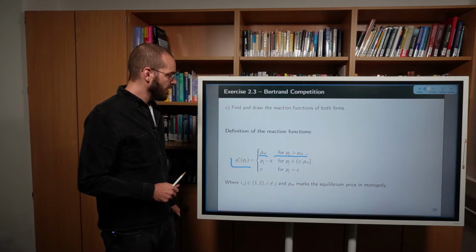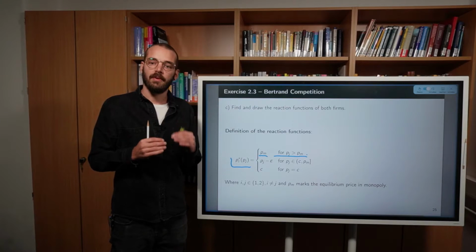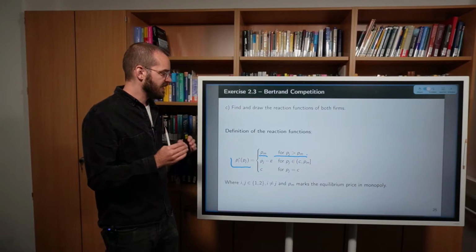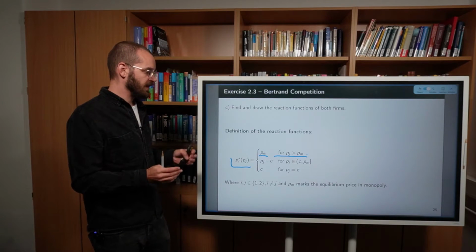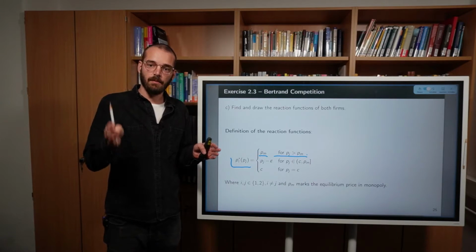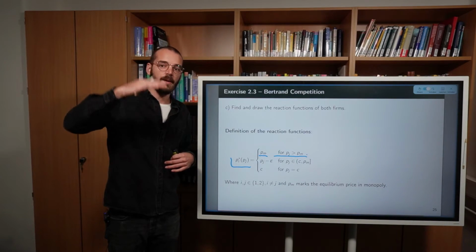Okay. Now, this undercutting, of course, continues until the monopolist's price. Now, what happens the moment both firms are setting a price which is at most the monopolist price? So what is happening in this interval of prices below the monopolist price and above marginal costs? Again, going from high prices to low prices.